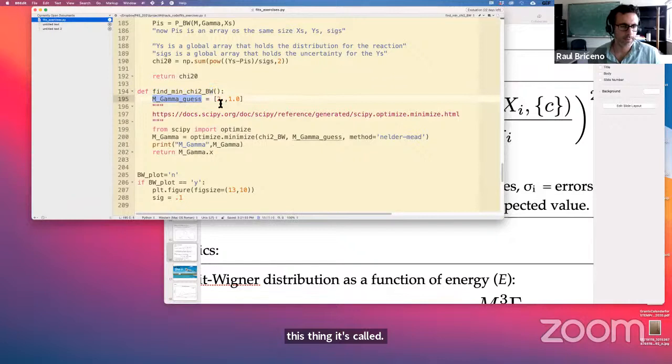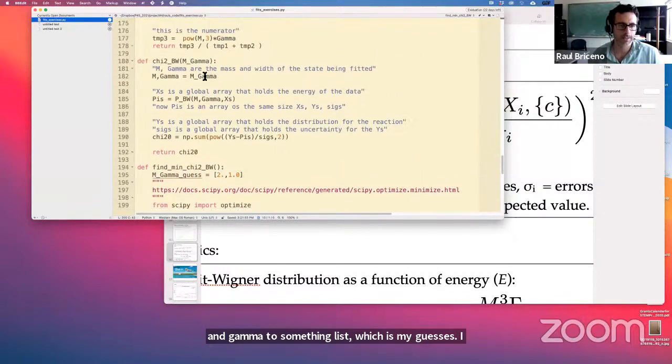I have to give it some guess for my parameters m and gamma, just some list, which is my guesses. I feed it over here, and then this chi-squared has to be a function of a list of the same length, right? So it is.